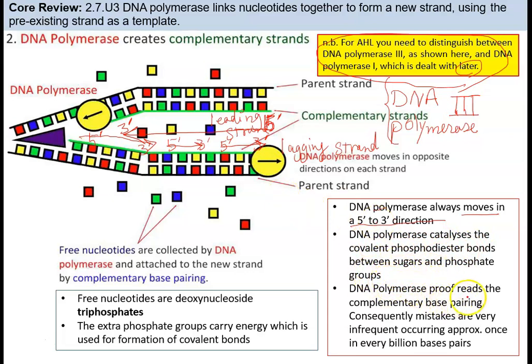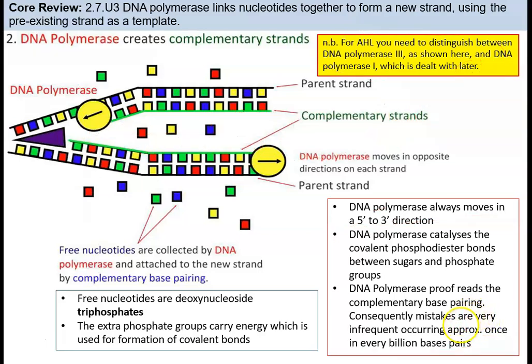And DNA polymerase also does the proofreading, which means that consequently, mistakes are very infrequent, occurring approximately once in every billion base pairs. 1 in every billion base pairs. This is very rare because the DNA polymerase also does the proofreading, and errors very rarely happen in the replication process.